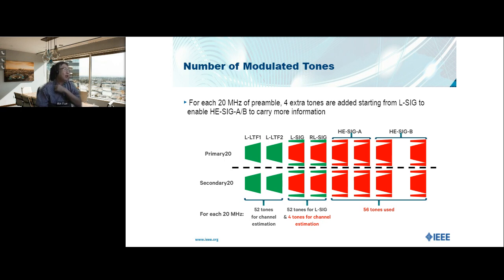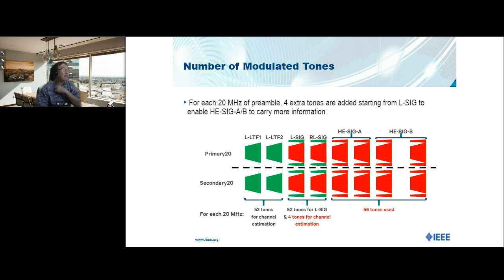Give you an example. In all the legacy standards pre-11ax, LLTF, LSTF, and the L6 all start from 52 tones. LTF here provides the channel estimation. So if you use the LTF, all the following data signal fields can only be demodulated with 52 tones.